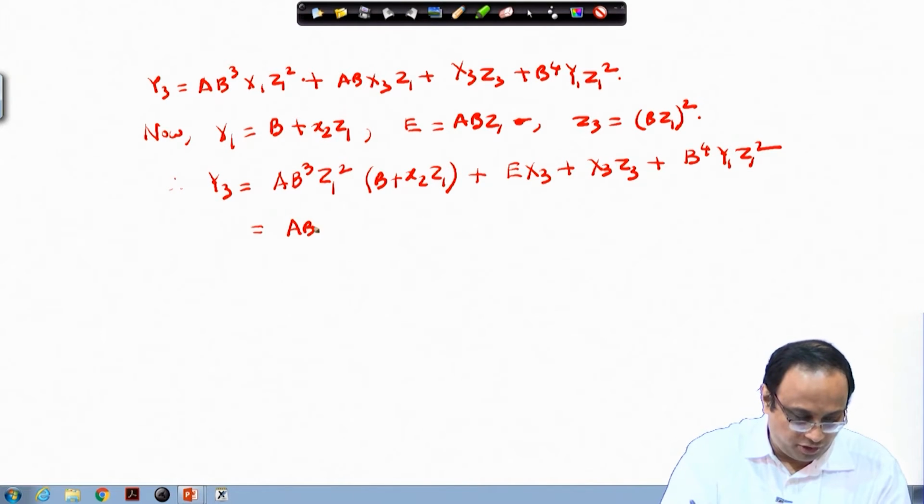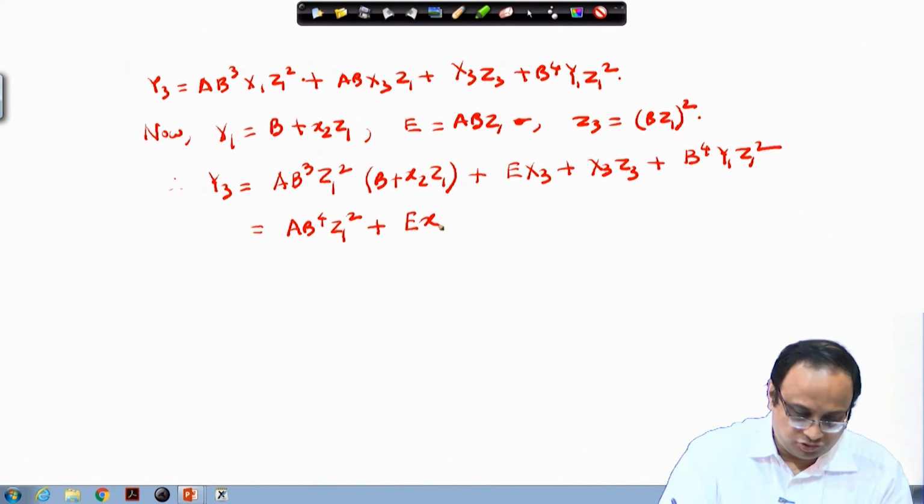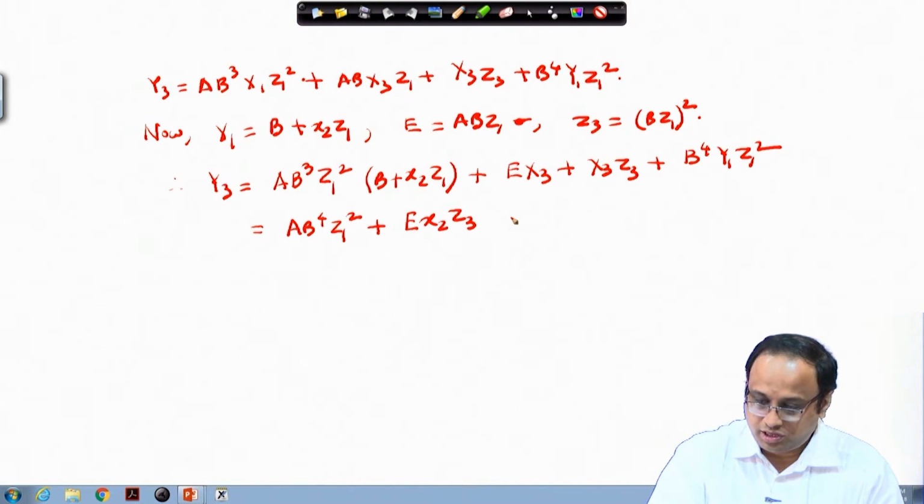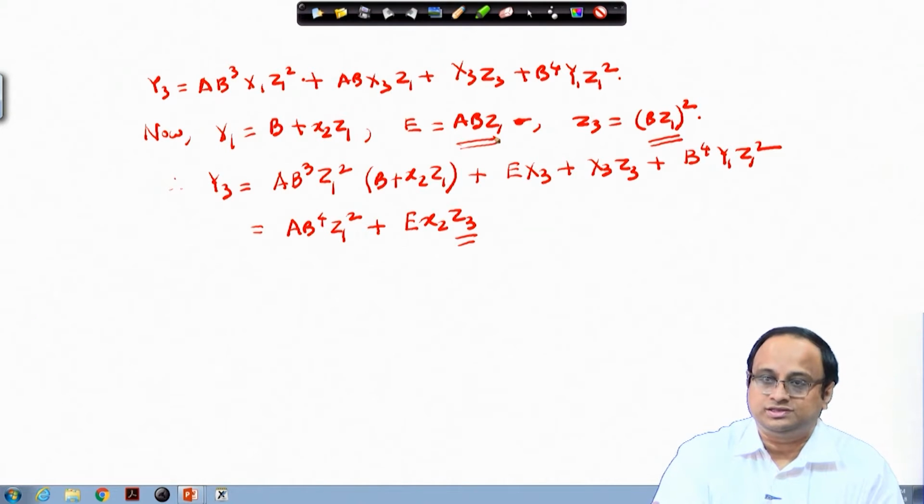And this is equal to a b to the power of 4 z1 square, okay, plus E x2 z3, because you know that z3 is equal to b squared z1 squared, so you can get it from here, and you can also plug in E equal to a b z1, okay.